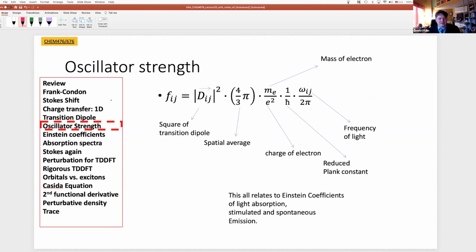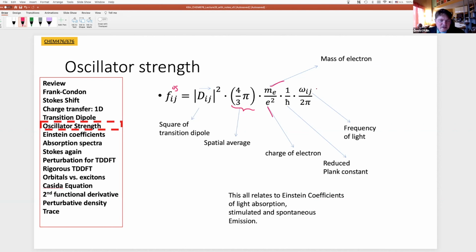And here is the equation that I was hiding from you for the whole semester, but now it is time to disclose it. So what is oscillator strength between two orbitals, i and j? It is the transition dipole squared and several factors. The factors include the mass of the electron, the charge of the electron, the result of spatial averaging, because in real life your molecule can be arranged at any angle, the Planck constant, and then the frequency of the transition.